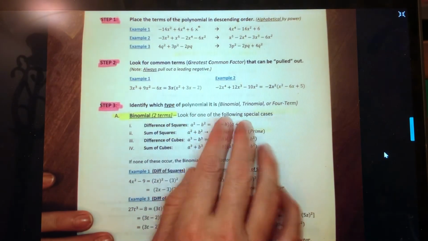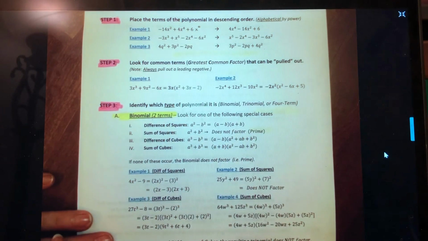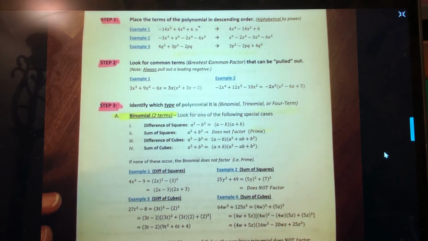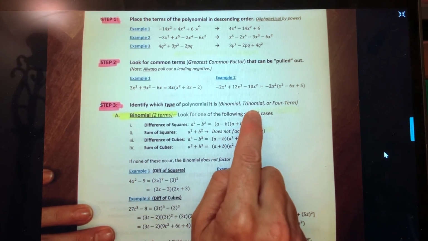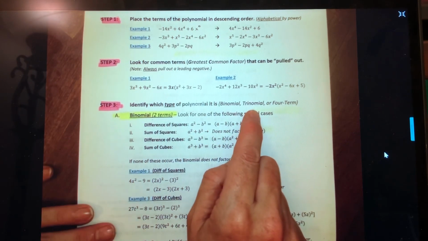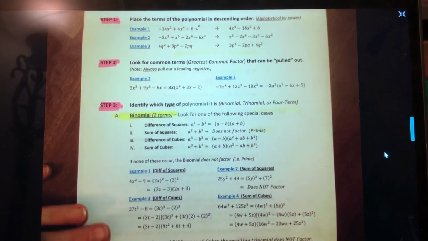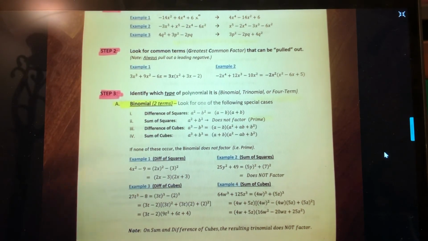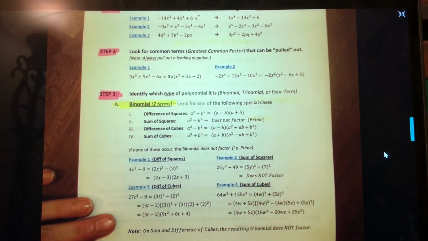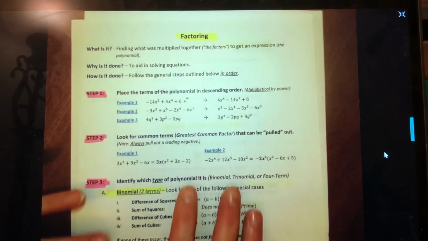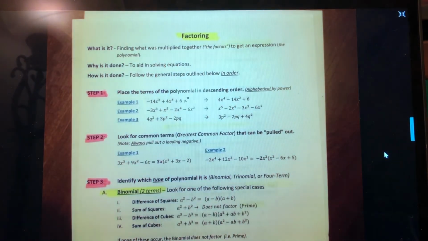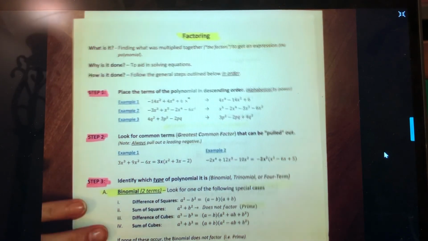So if you don't know how to do any of this, I would encourage you to watch all 3 videos. If you feel like, hey, I know how to do the binomials, it's the trinomials I struggle with, then just go watch the trinomial video. So you're going to have to assess yourself and figure out where you really are at, and then go watch the applicable videos so you can make sure that your factoring skills are where you need them so that you can be successful in your college algebra class.